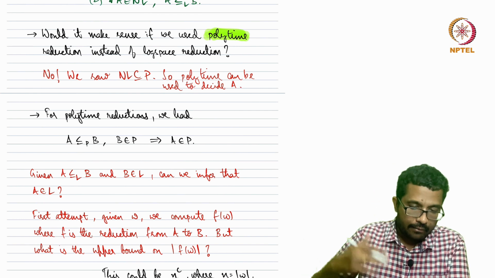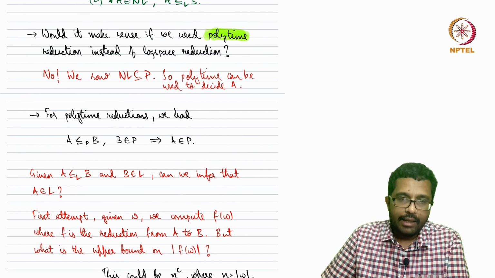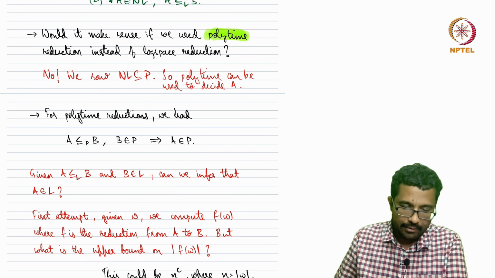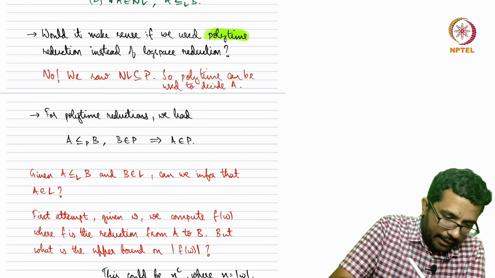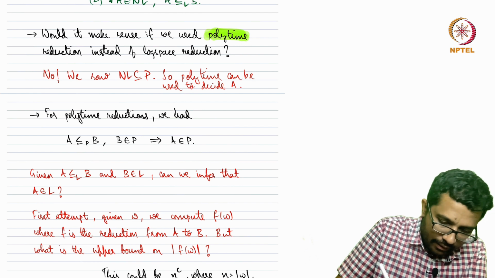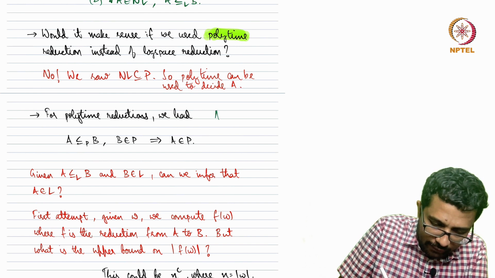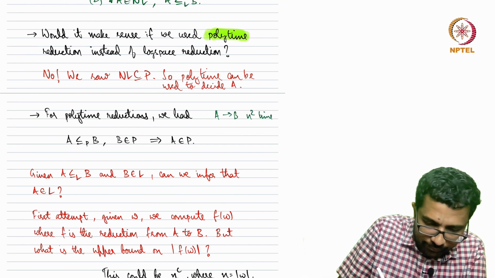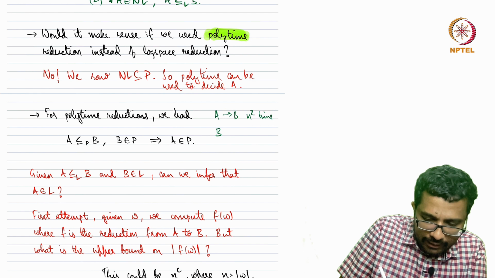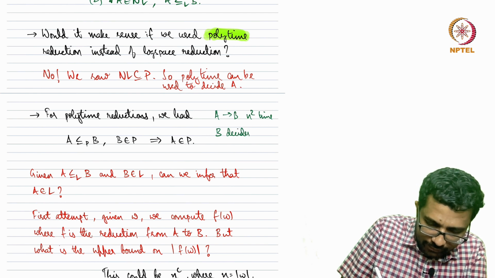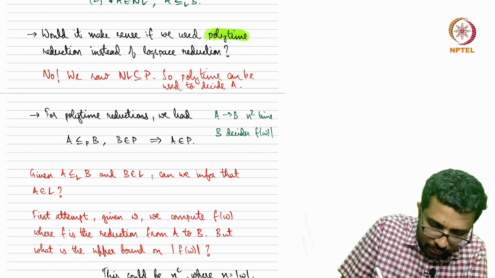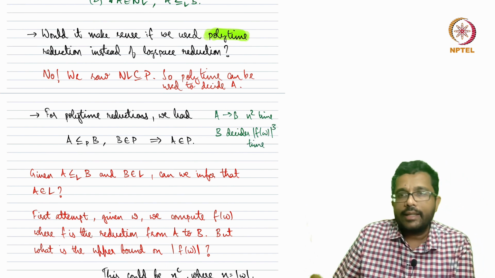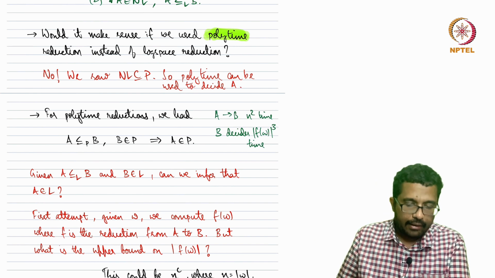We can convert A to B, then we can decide B. For instance, suppose the A to B conversion takes, let's say, n squared time, and the B decider takes, let's say, f of w cubed time. Then the whole thing is in polynomial time, because the reduction is in n squared time.